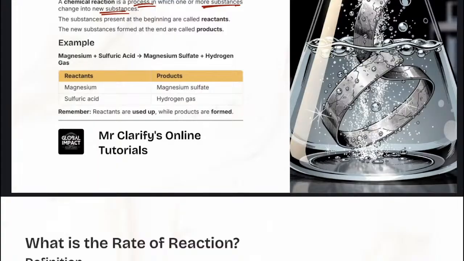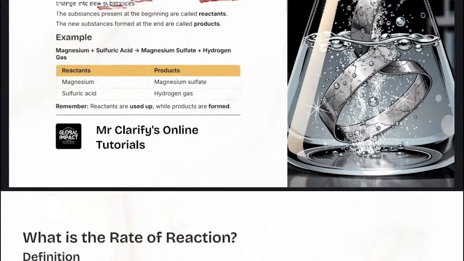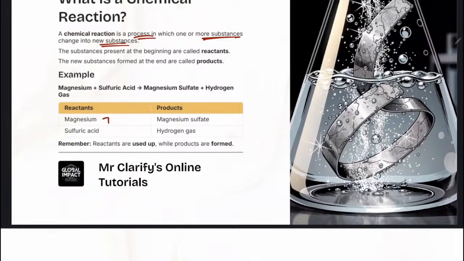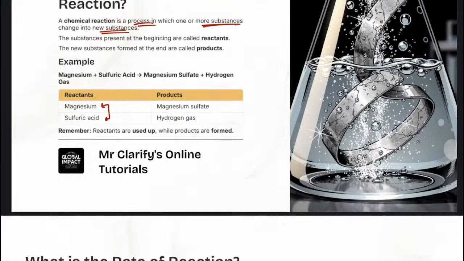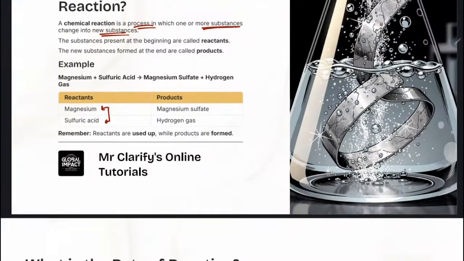A successful one. So the particles of these reactants are colliding successfully, and they react and form new substances. So a process in which a substance is changed into a new substance is a reaction.